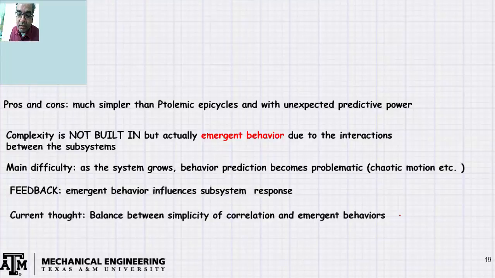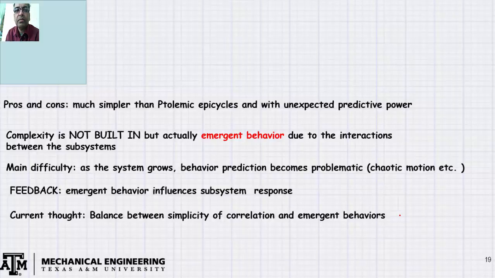Our current thought is that you cannot go all the way to the simplest model, which is called the reductionist approach, where you say ultimately I dive down, and if I know what the quarks are doing, then I can explain everything else. The answer is no. So you have to balance simplicity of correlation and emergent behavior. You have to stop at some level and say, below this level, I'm just going to use some kind of correlation.